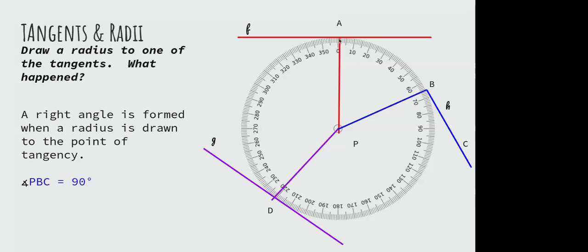Because angle PBC was easiest to see, I used it as the example. But there is a 90-degree angle on either side of the radius that relates to line G and the point of tangency D, as well as two 90-degree angles where the radius PA intersected with line F at point A.